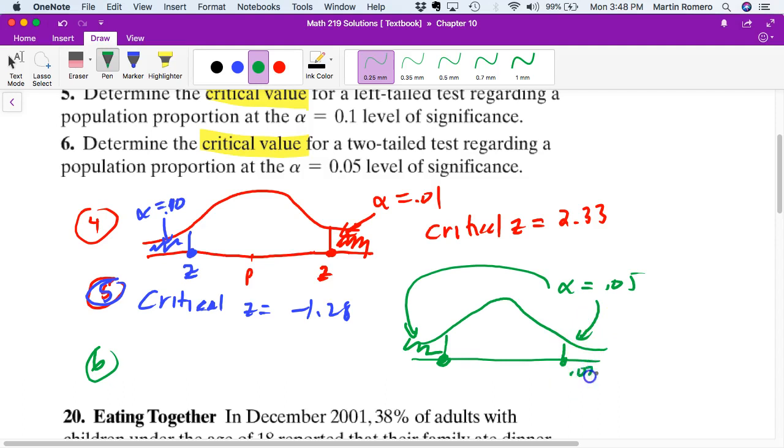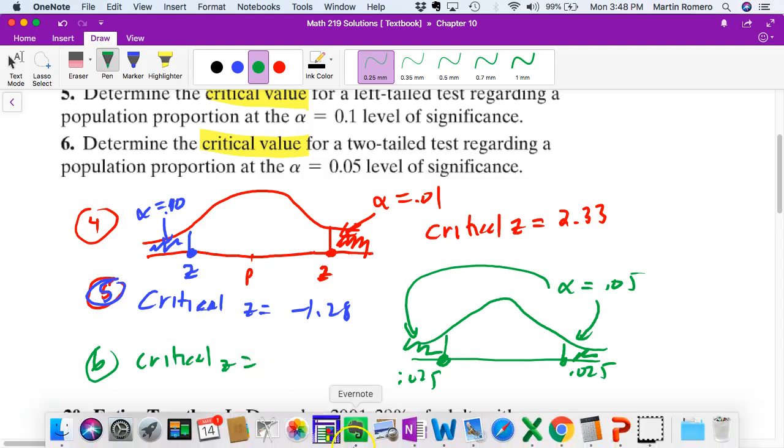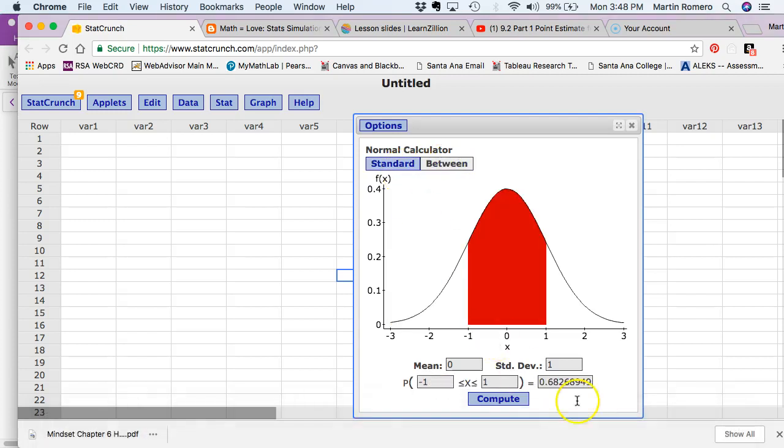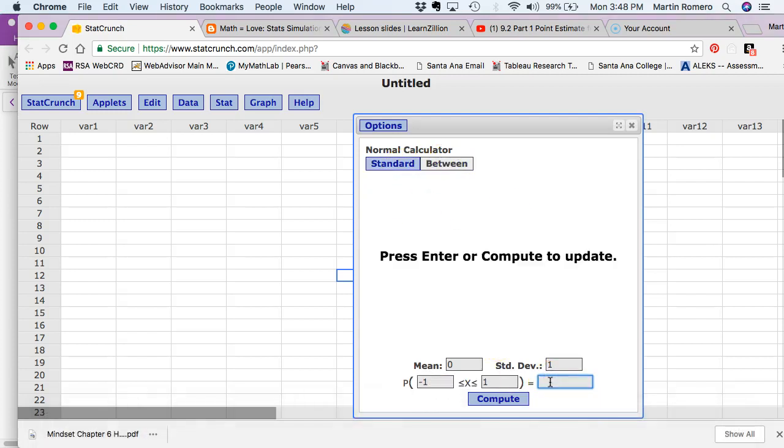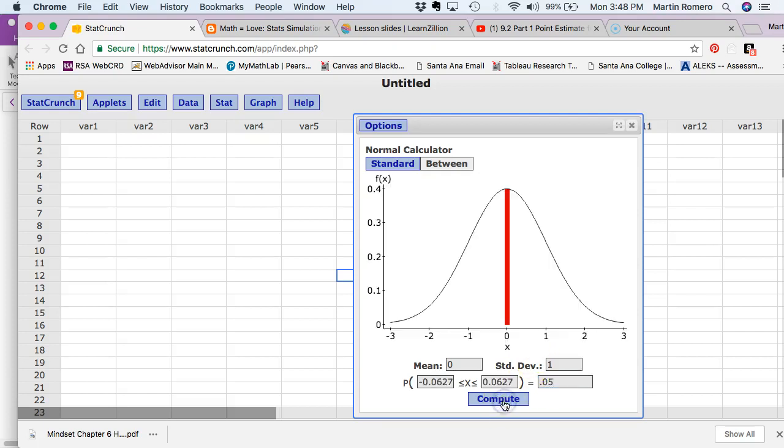So this becomes 0.025 in the area here and 0.025, and now we're looking for the critical z values. This time there are 2 tails, so we're going to end up with 2 values. So there's multiple ways we can do that. One way is to use the between option, clean that off, and put 0.05.